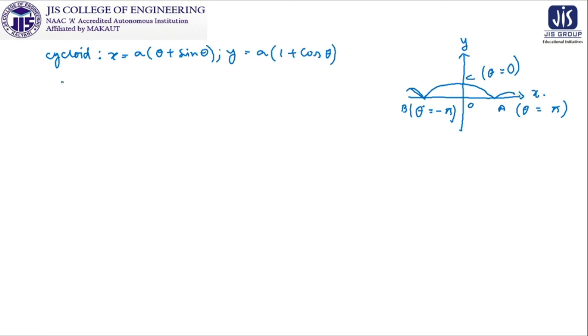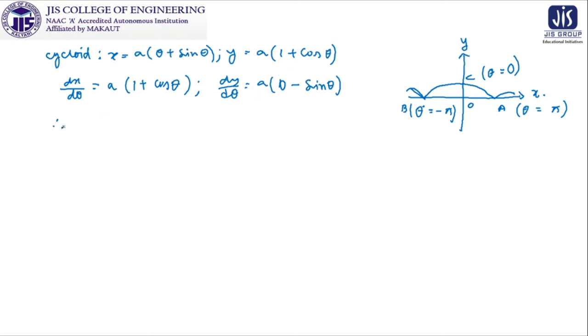So we can do this calculation very easily: dx d theta here will be a into 1 plus cos theta, and similarly dy d theta is a into 0 minus sin theta, that is minus a sin theta.